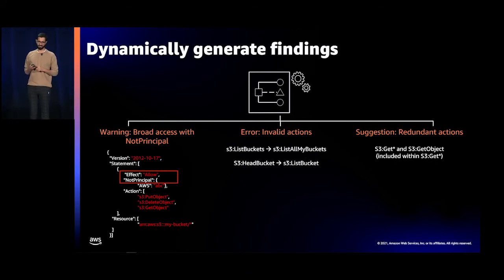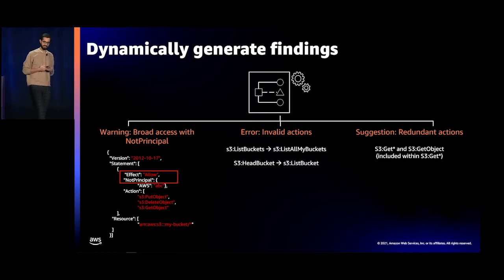The policy validation feature contains over 100 encoded checks based on AWS policy writing best practices. It analyzes the policy to dynamically generate findings that help developers identify issues while authoring. Findings are then categorized into three buckets: errors, warnings, and suggestions, based on their impact.